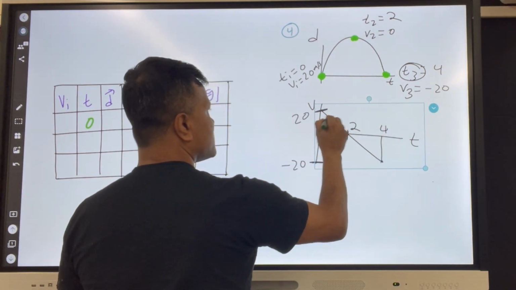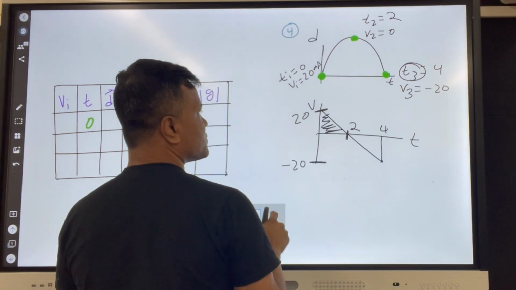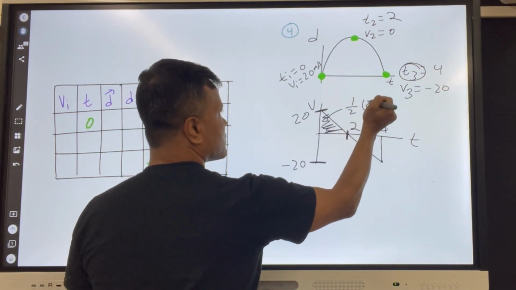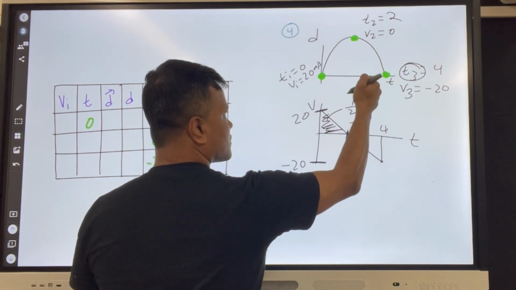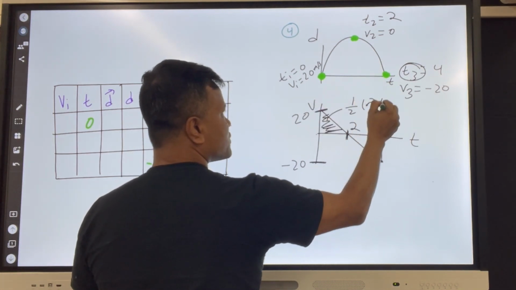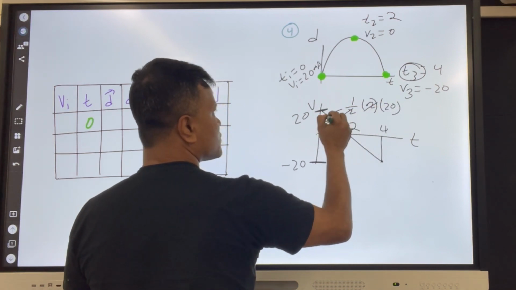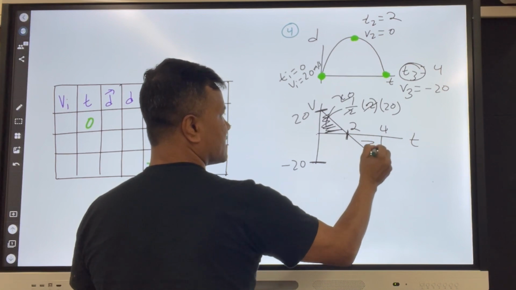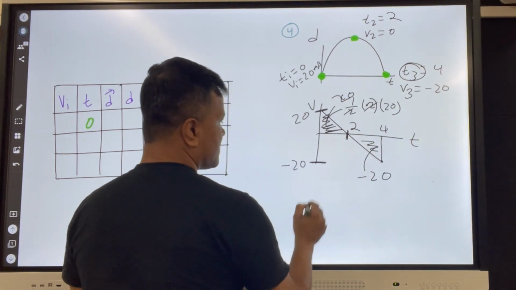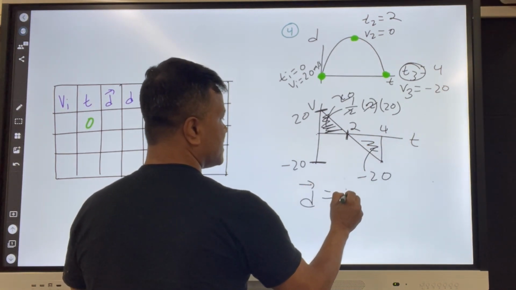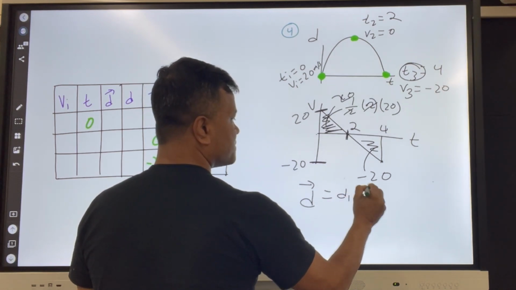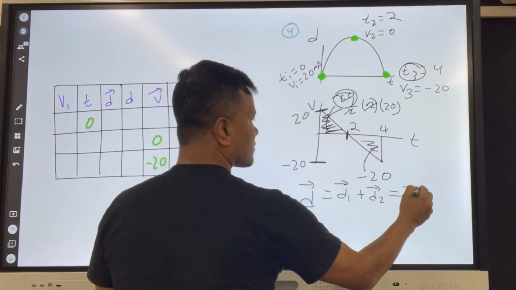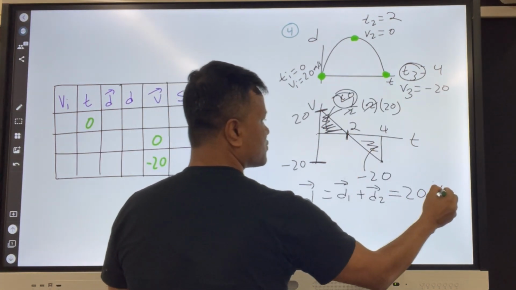This area would be half b times h, which is half of 2 times 20. The 2 cancels, so this is 20, this is 20, and the other is negative 20. So your displacement would be d1 plus d2. d1 is 20 and d2 is negative 20.